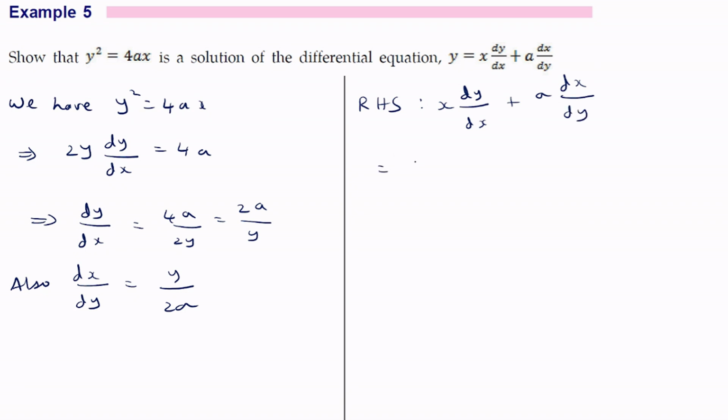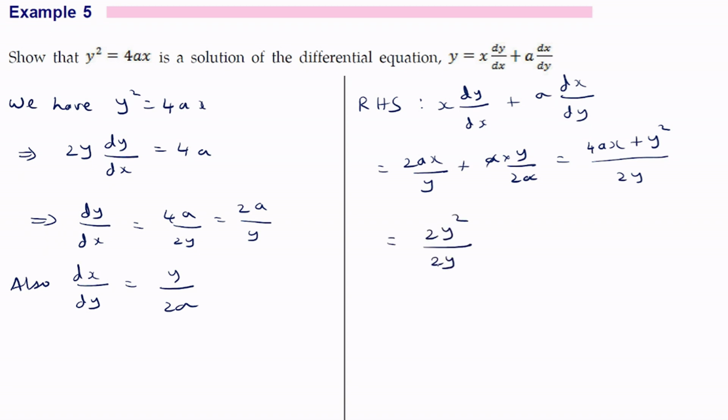It is equal to x dy by dx, which is 2ax by y, plus a dx by dy, which will be a into y by 2a, or y by 2. So here the LCM is 2y. Here we have 4ax plus y square. Now 4ax is nothing but y square. So y square plus y square is 2y square, 2y square upon 2y. This is equal to y, which is the left hand side.